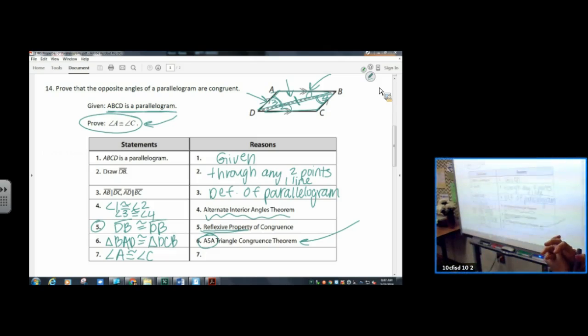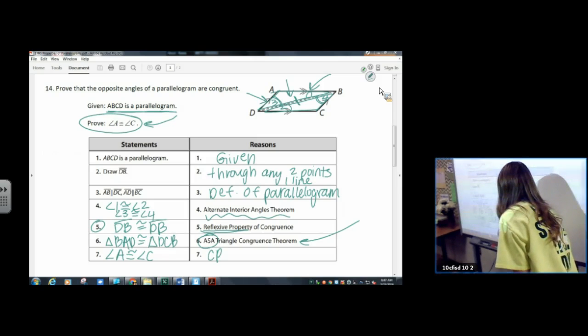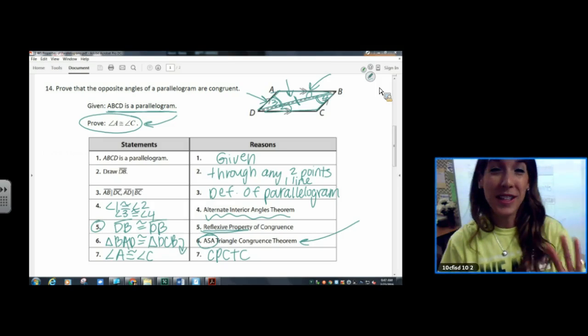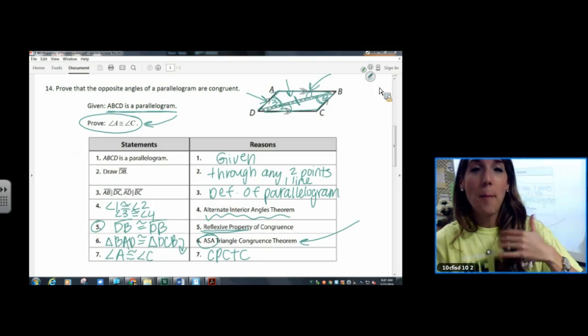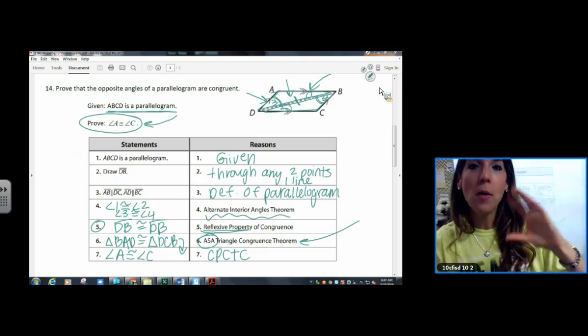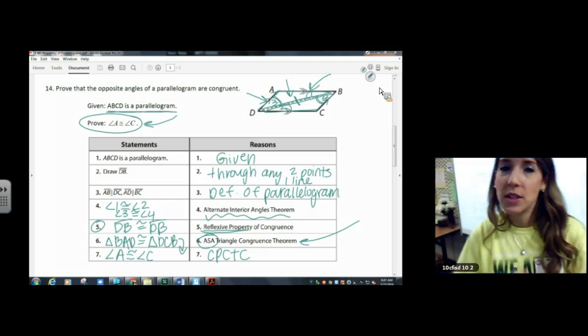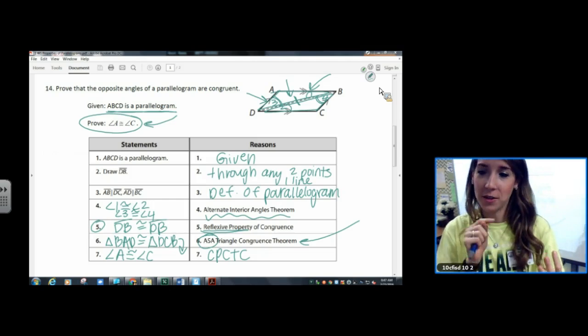So why is angle A congruent to angle C? Well, I tell my students, the step after you've proved two triangles guilty of being congruent, if you go past proving them congruent and you want to prove an extra part, a bonus part is congruent, then you use CPCTC, which is corresponding parts of congruent triangles are congruent.